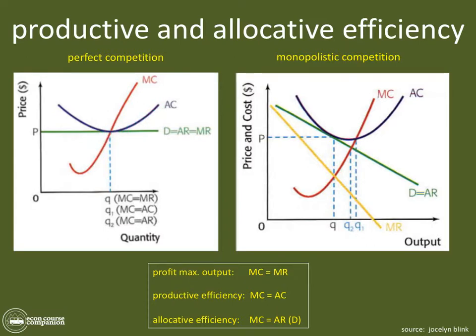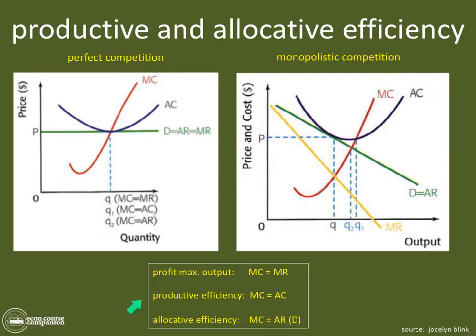And also, we will find a place for allocative efficiency, which is where MC equals average revenue, or the demand curve. Hey, check it. There is a confluence of three very important points. Q is the point of profit maximizing level of output.